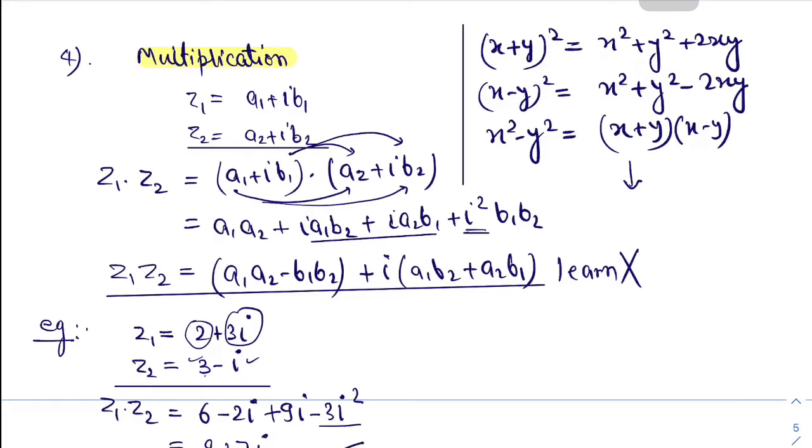There are many more. Okay, almost 9 to 10 algebraic identities, whole cube, a cube minus b cube. These all algebraic identities are true in terms of complex numbers also, because complex numbers are also getting multiplied in a similar manner.